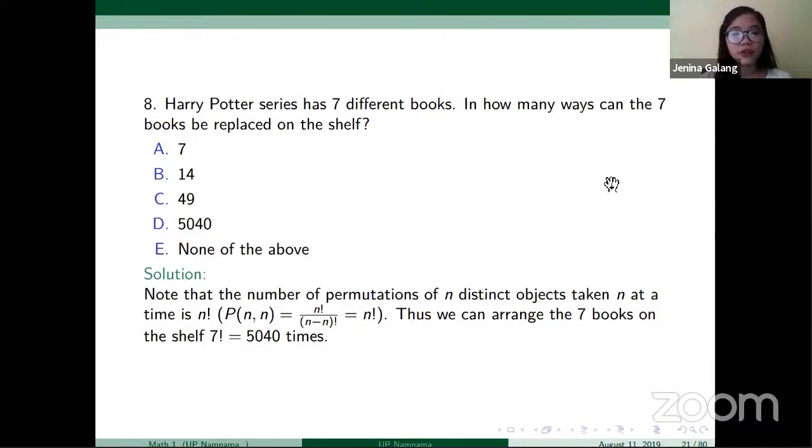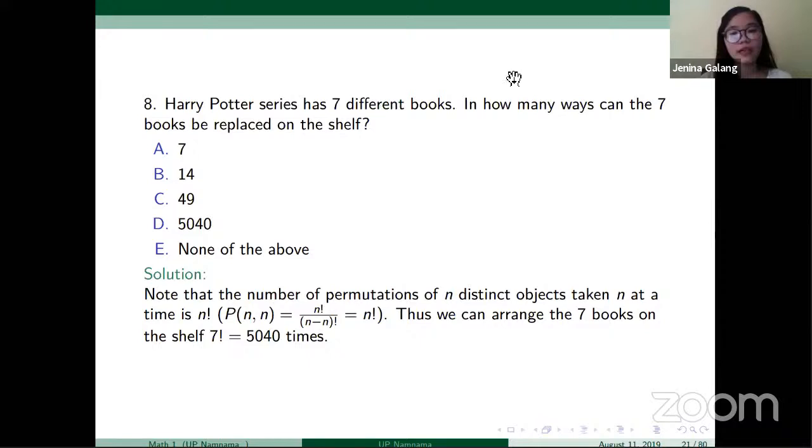So note that the number of permutations of any distinct objects taken n at a time is n factorial. In other words, taken n at a time, or r at a time too.